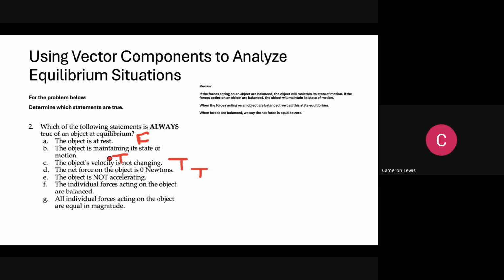So if the velocity is not changing, that also means the object is not accelerating. And we just said the object's velocity is not changing, that's true. So that's also saying there's no acceleration. So if we're in equilibrium, can we conclude that the object is not accelerating? Yeah, so it's true. Anybody object?